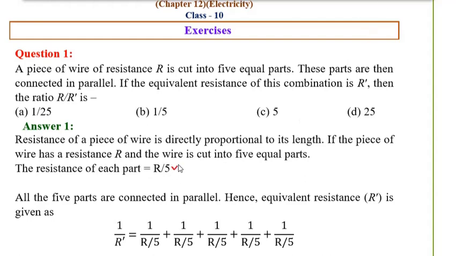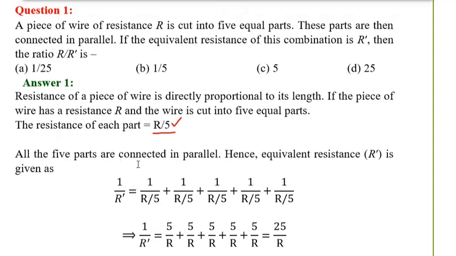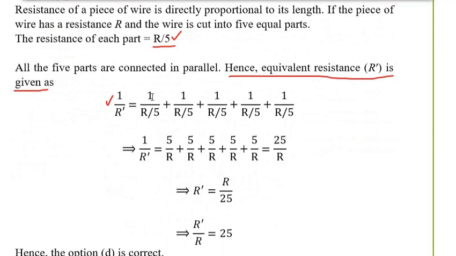Hope there is no problem to understand at this step. All the 5 parts are connected in parallel and equivalent resistance R dash is given as 1 by R dash equal to 1 by R by 5 plus 1 by R by 5 up to 5 times.